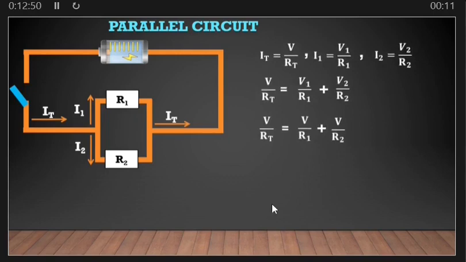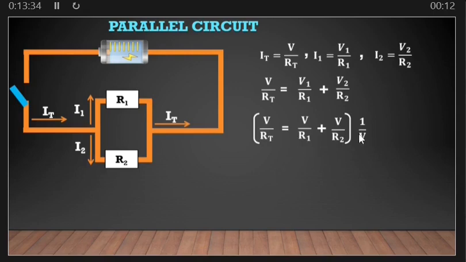So now what we are going to do is cancel out the variable that appears in all the terms. In this term we have V, in this term we have V, in this term we have V. So how do we cancel out V here? We multiply by 1 over V, so that V becomes a denominator and we are able to divide.